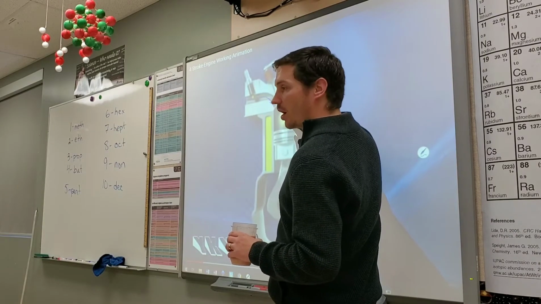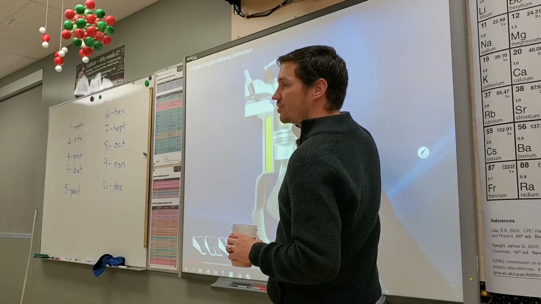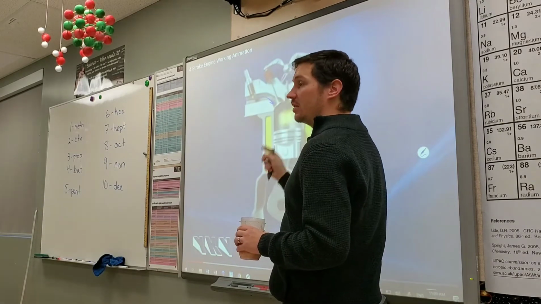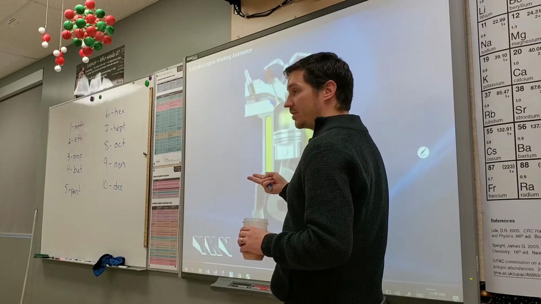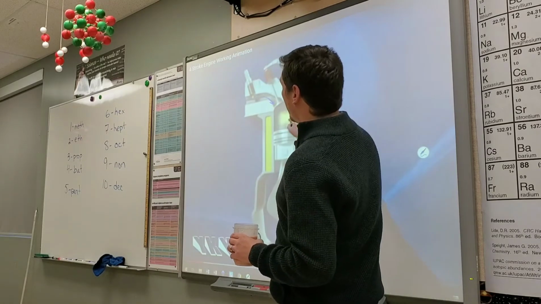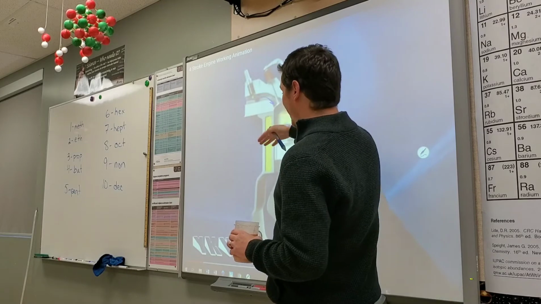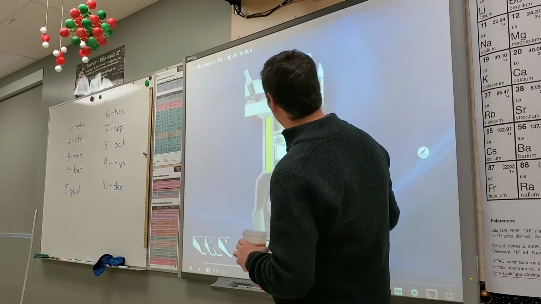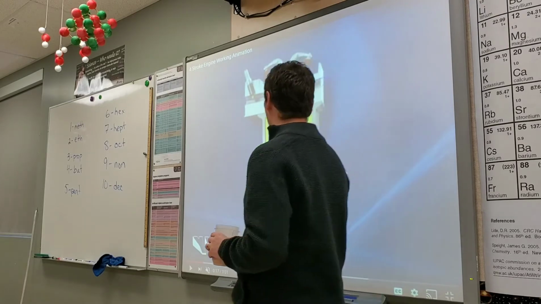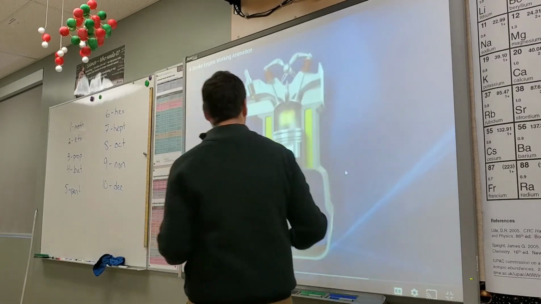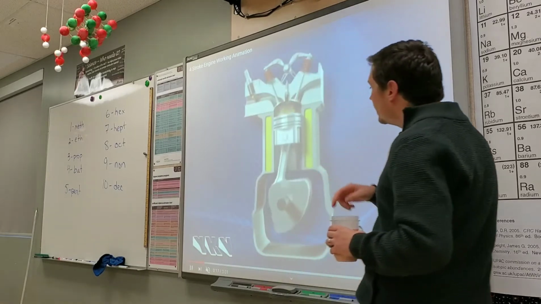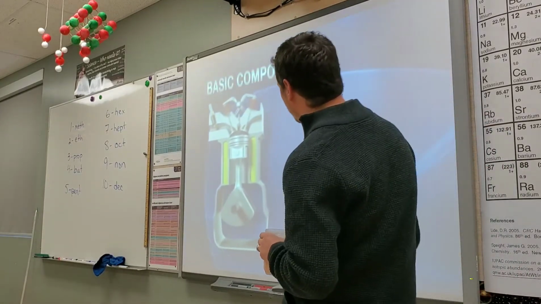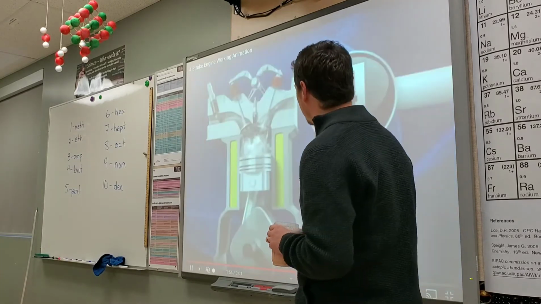Then there's going to be a spark plug in here. The spark plug's job is to ignite the fuel-oxygen mixture, and then when the explosion has happened, the exhaust can leave the combustion chamber. Basic components.